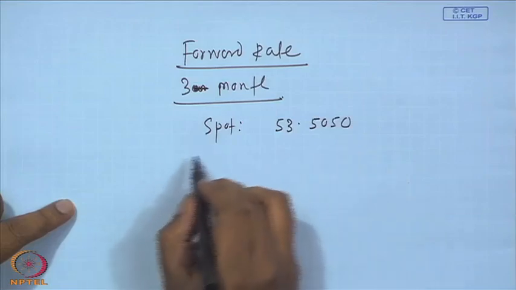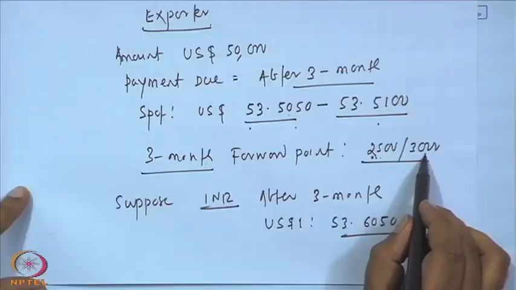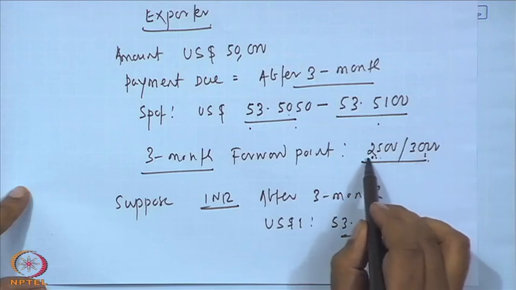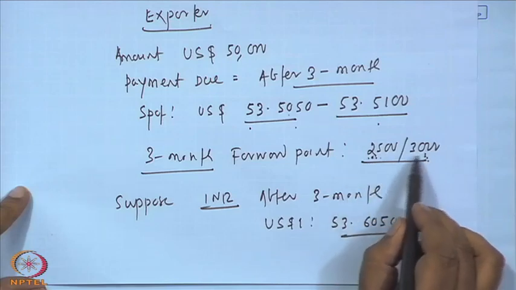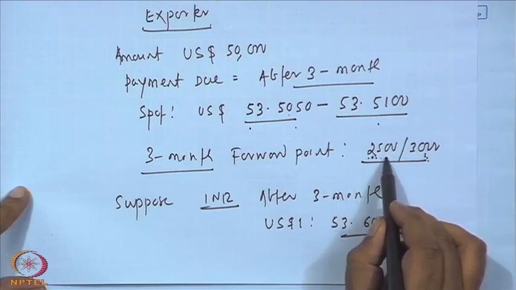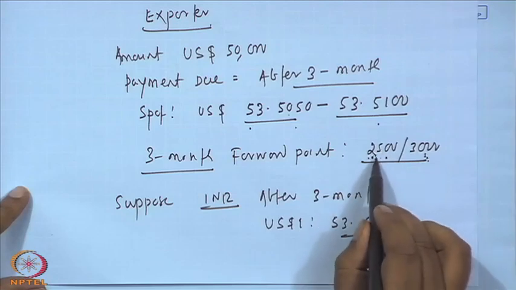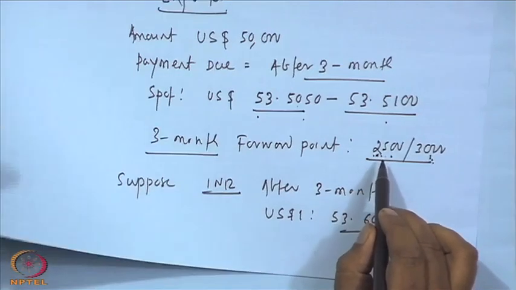Now, the forward point. The forward point we have discussed earlier, 2500, 3000. So, the 2500, 3000 means rupee is depreciating, dollar is appreciating. So, in rupee you have to add, for a depreciating currency the forward premiums are added.